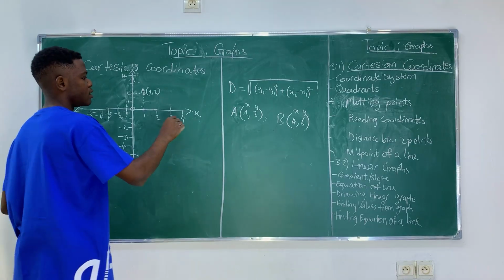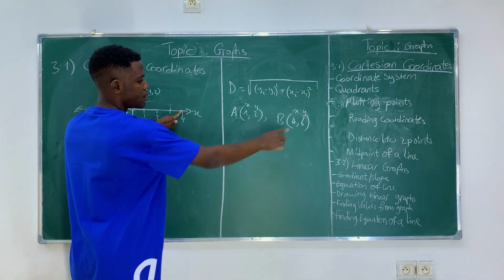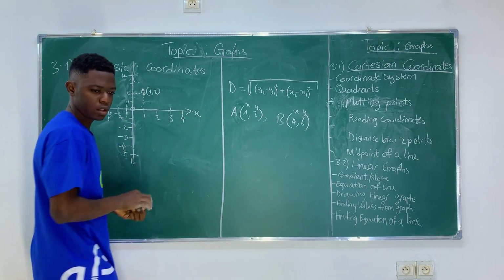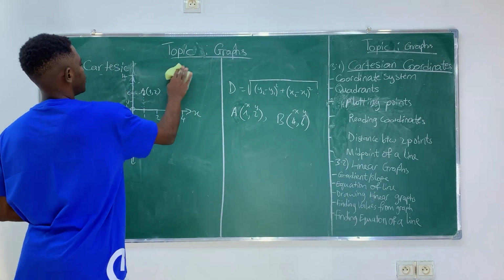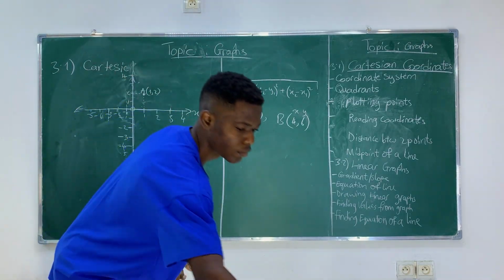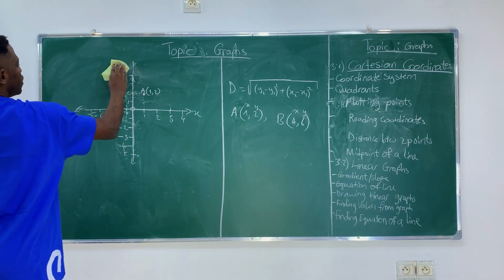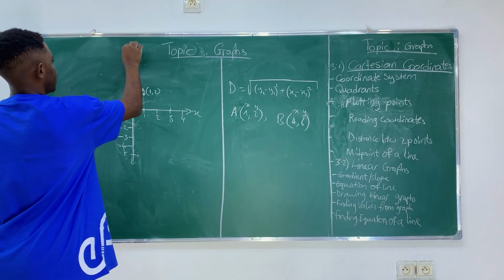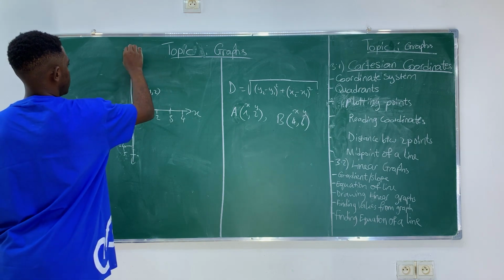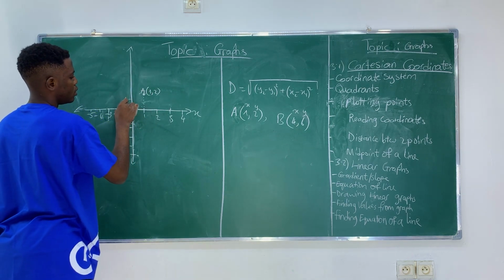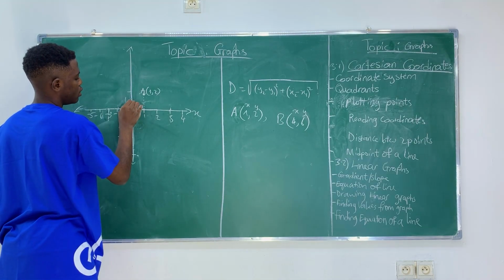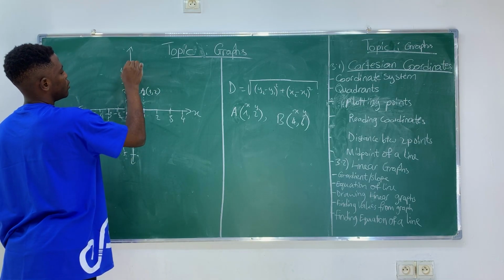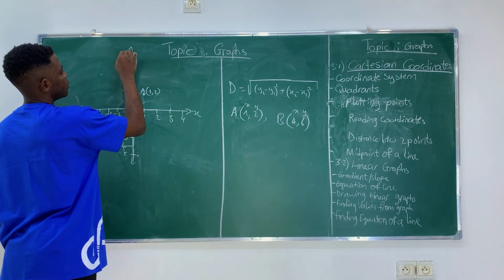The x-axis is 4, 4 is here. The y-axis is 6. 1, 2, 3, 4, 5, 6.